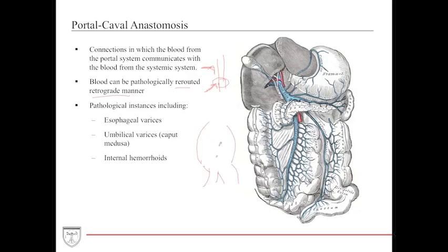The overlying skin of the abdominal cavity is also composed of communication between the systems, and it's right around here where you can get portal-caval anastomosis dilation called umbilical varices or caput medusae. Varices meaning dilation, venous dilation. Then also, as we discussed before, with the rectum having shared blood supply and blood drainage from the portal system and the systemic system, you can get precipitation of internal hemorrhoids as well.